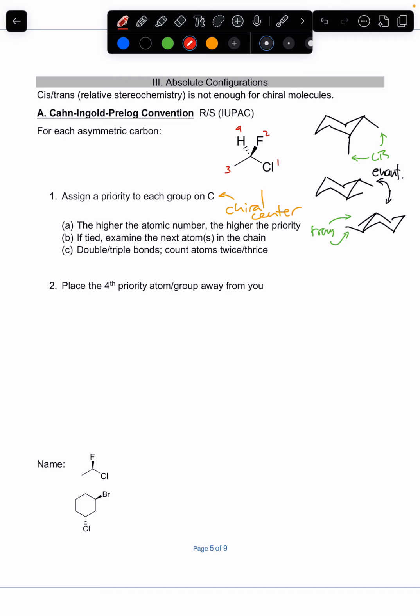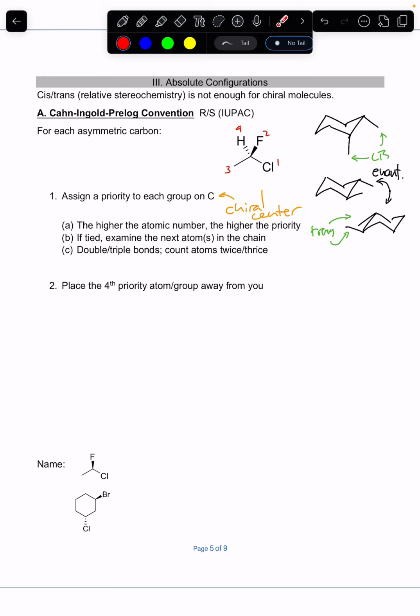If there's a tie, then you examine the next atom in the chain. Like if there was another carbon here and a carbon here, you go to the next atom in the chain, which on the methyl group will be hydrogen. And if there's a double or triple bond from these atoms, then you count those double-bonded atoms twice for priority purposes.